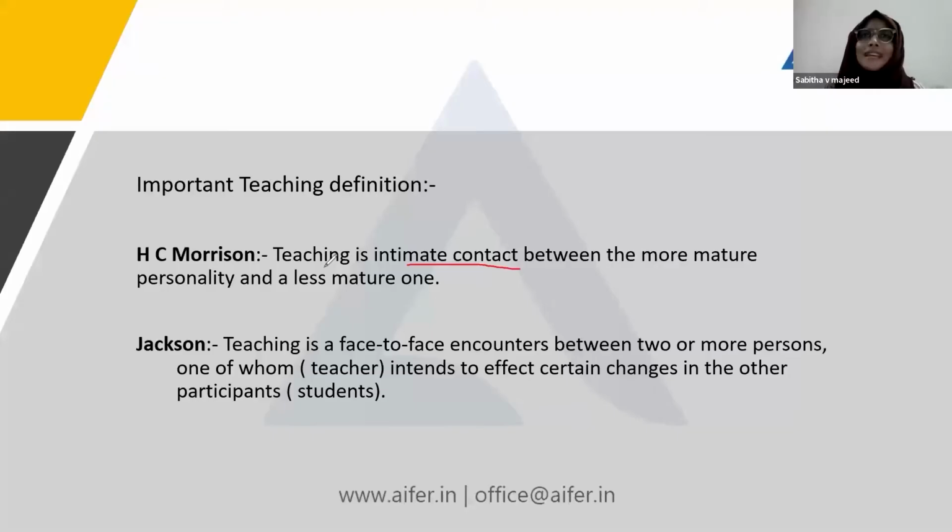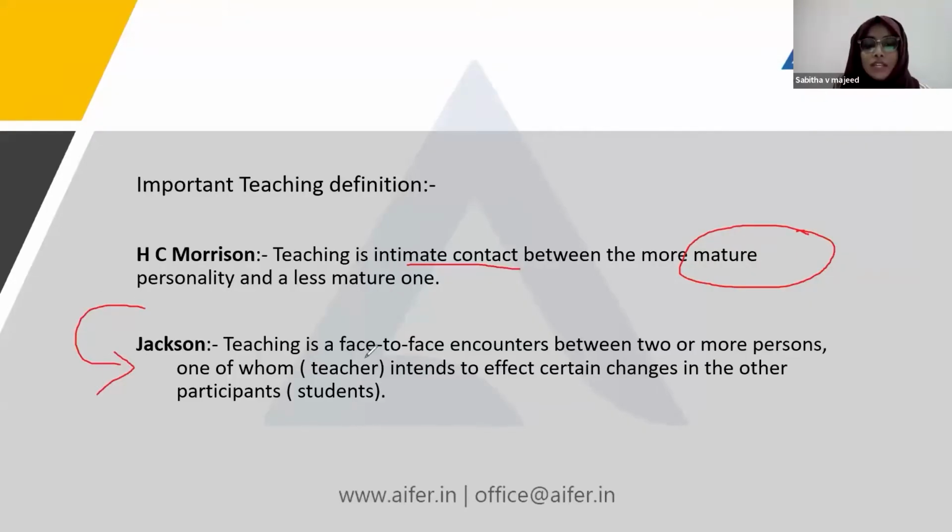But we can say this is not a perfect definition for teaching, because we know that maturity is not a defining criterion for describing teaching. So we can't consider it a perfect definition for teaching. This is the definition of Morrison.